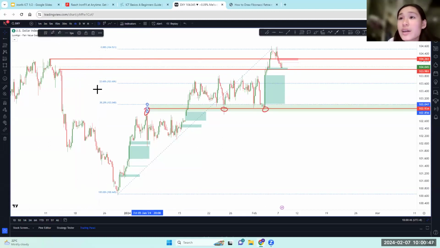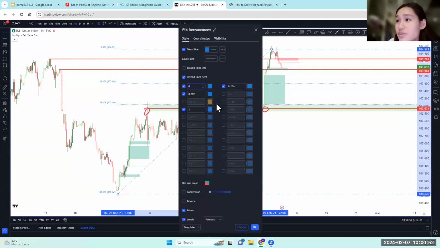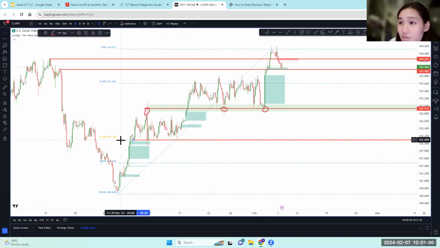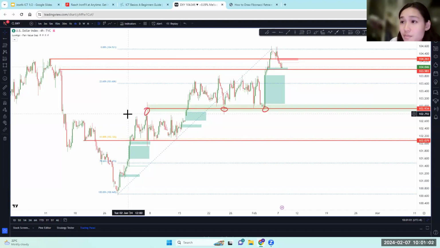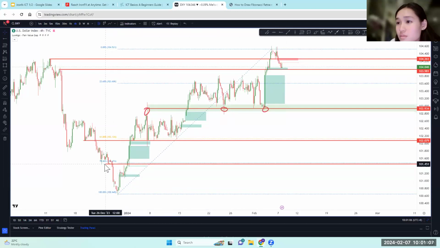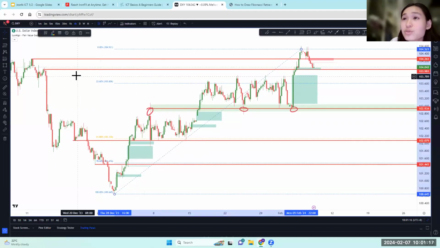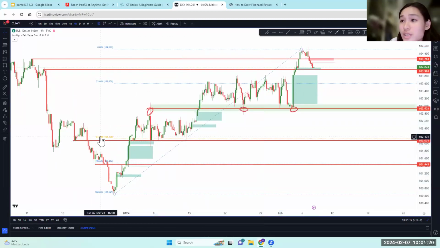If I look at our 61.8 as well as the 78.6, you can see that also lines up with the highlighted fair value gaps over here. The 78.6 doesn't really match up, apart from this swing low, which is fine. It doesn't always have to match up. So you can see that this 61.8 is a pretty significant level here.